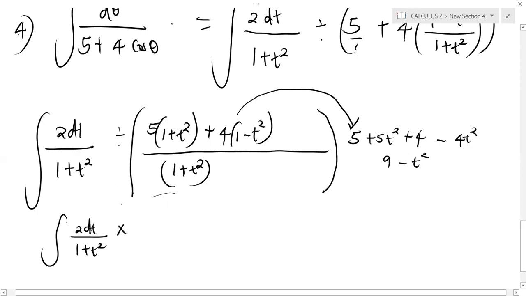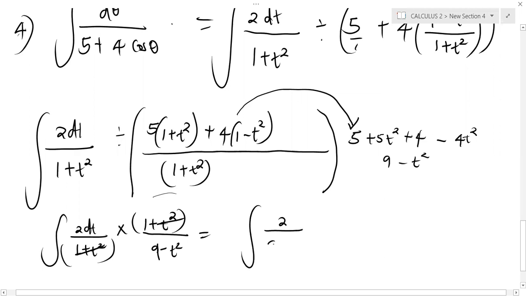Divide by is the same as multiply by the reciprocal, which is 1 plus t squared, all this divided by what's on the numerator, which is now 9 plus t squared. This and this will cancel out so that I have the integral of 2 over 9 plus t squared dt.